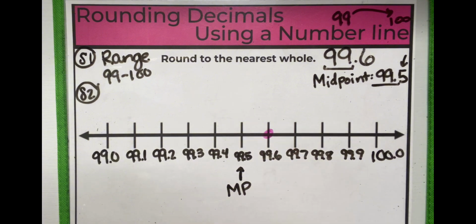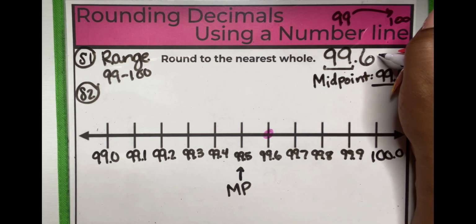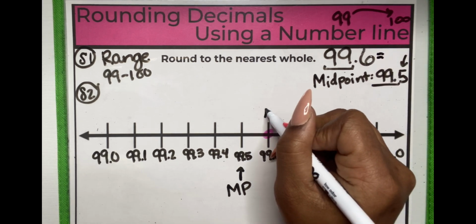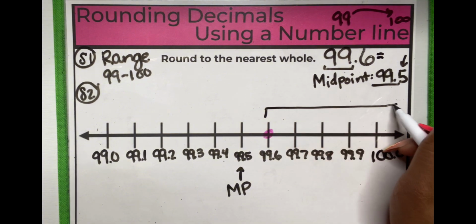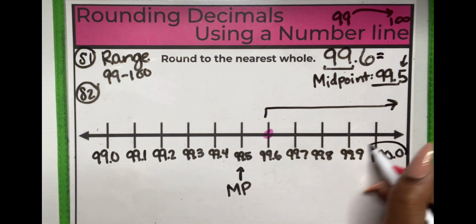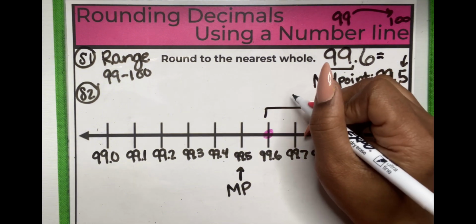Looking at 99 and 6/10, where is it as it relates to the midpoint? Hopefully you said that it is past the midpoint or greater than the midpoint. So that's going to cause this 99 and 6/10 to round up to the next whole number, which would be 100.